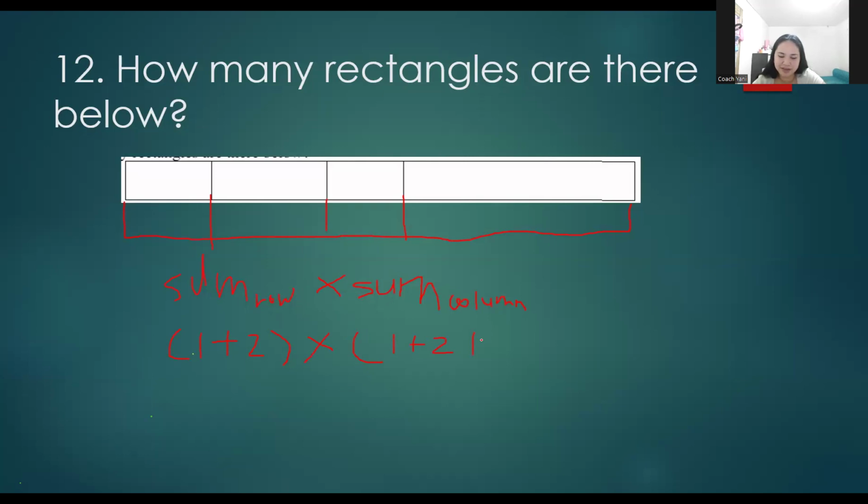And then what would be the answer? 30. Very good. So that's just how you do it for the total number of rectangles. This would be 3 times 10 equals 30. The answer to this one would just be 10. This is just an example.